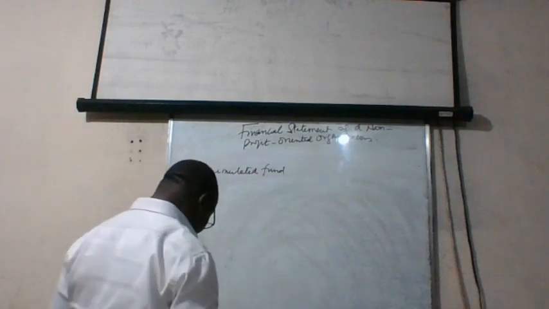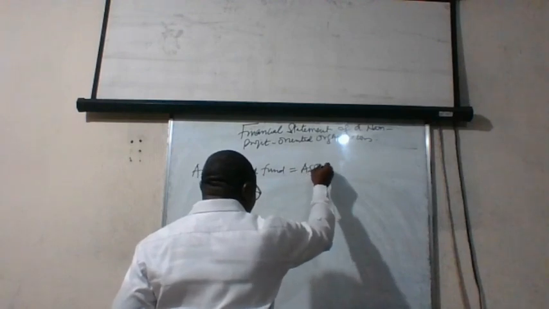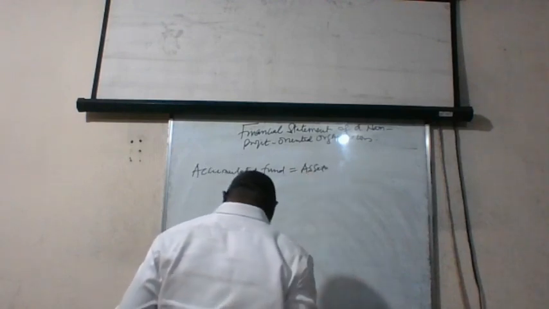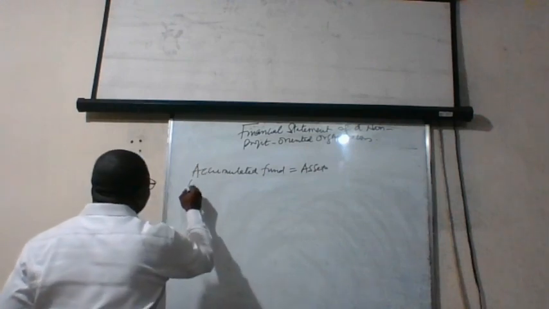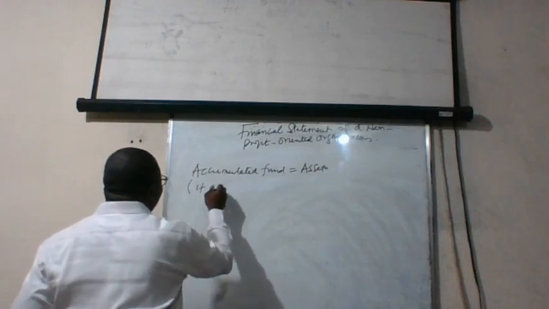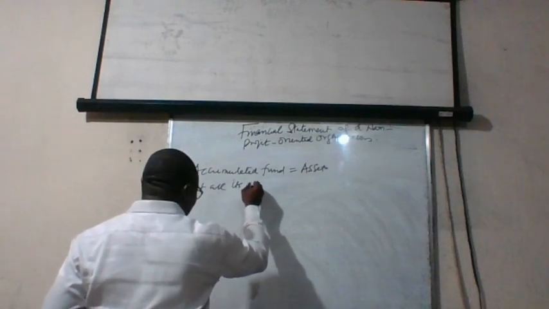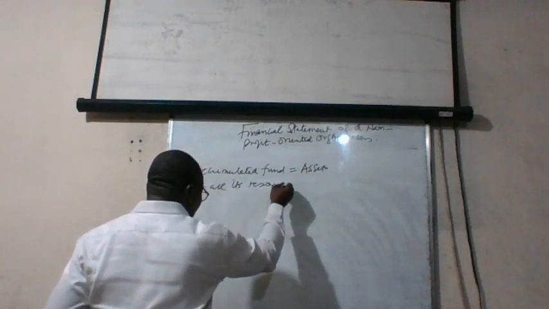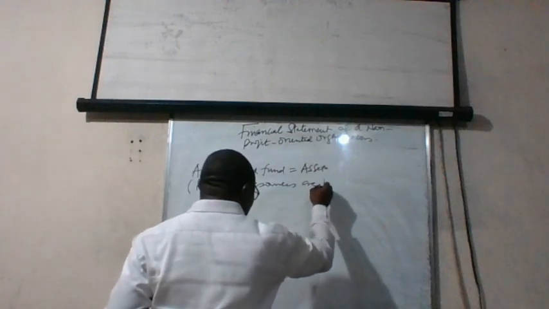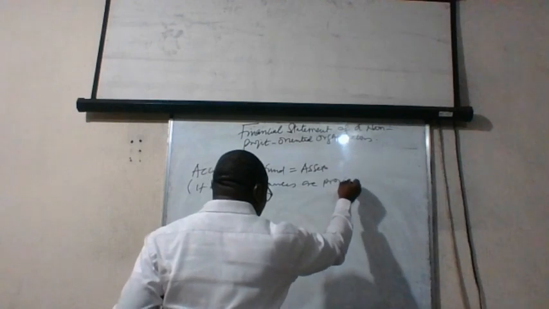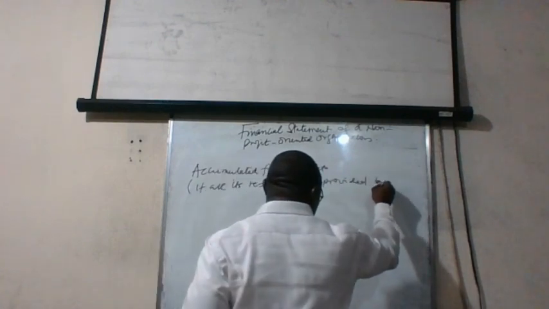Accumulated funds is equal to assets, that is, if all its resources are provided by its members.